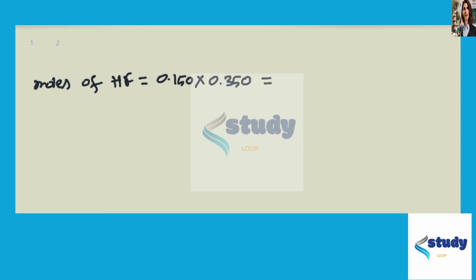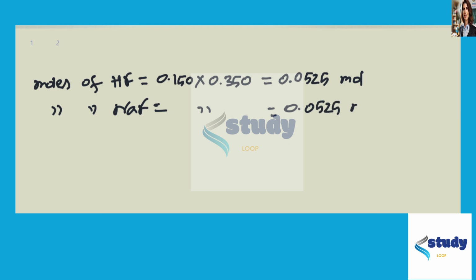By multiplying these two, we have 0.0525 mole. And since we have the same concentration of base, our number of moles of the base will also be 0.0525 mole.